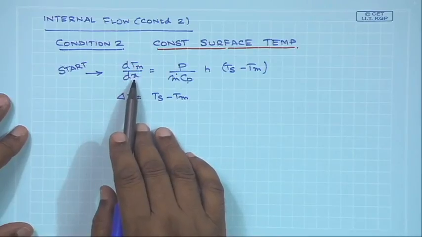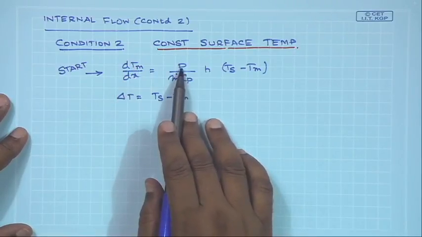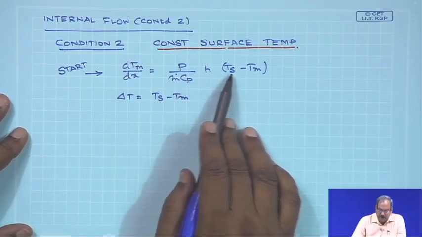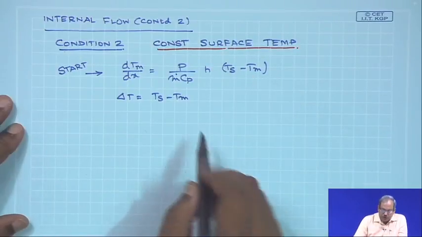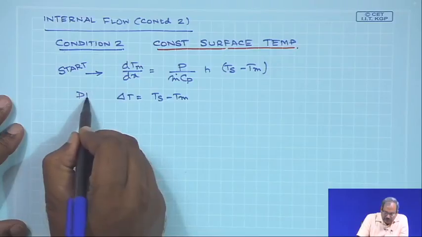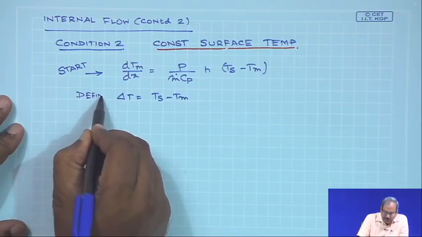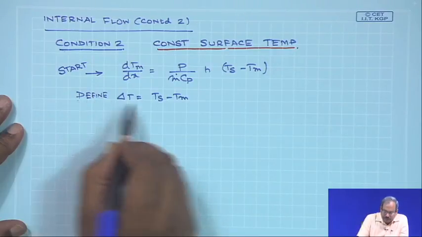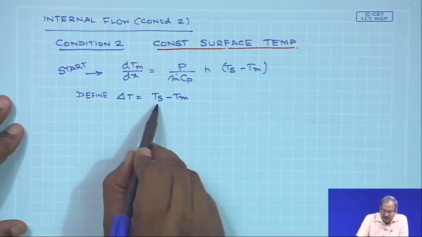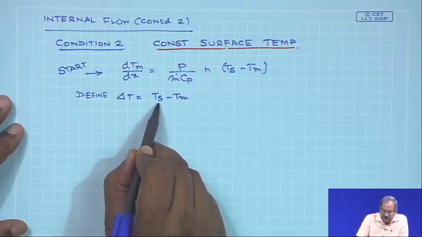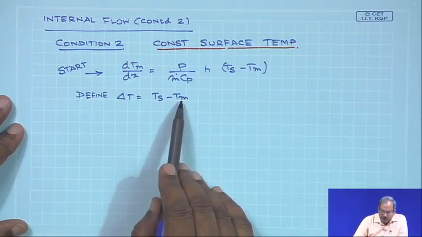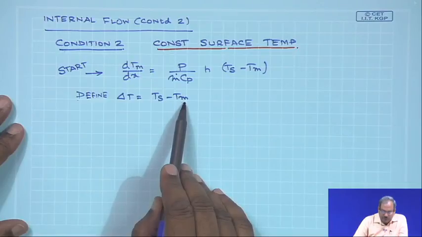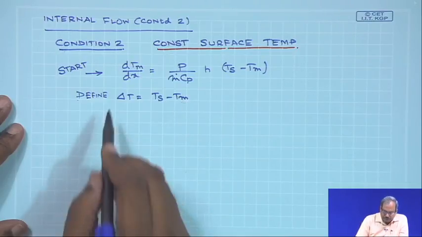So, we are going to start again with the equation that we derived before, where the variation in the mean temperature is P over m dot Cp times h times (Ts minus Tm). We are simply defining a delta T which is Ts minus Tm, where Ts is the constant surface temperature and Tm is the local value of the mean temperature.